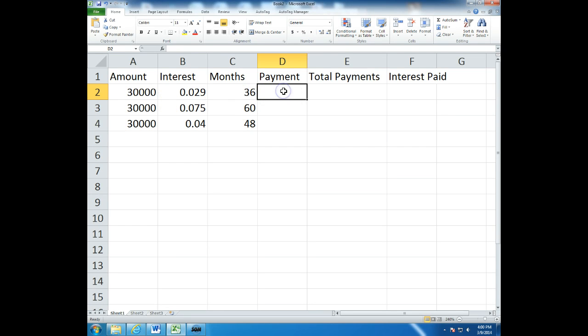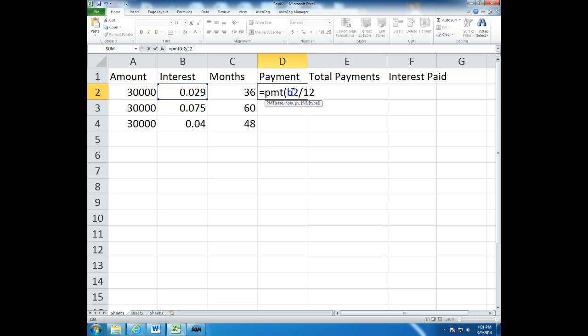Okay, so my payment is going to be equal, so I type the equal symbol, and then PMT, which is the payment function, parentheses, and I can see rate, nper, and PV here. So my rate is, playing Battleship here, B2, except that I need to divide by 12 because I need a monthly rate, because I'm calculating a monthly payment based on a number of months.